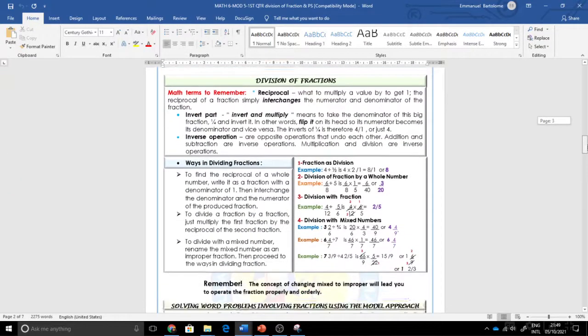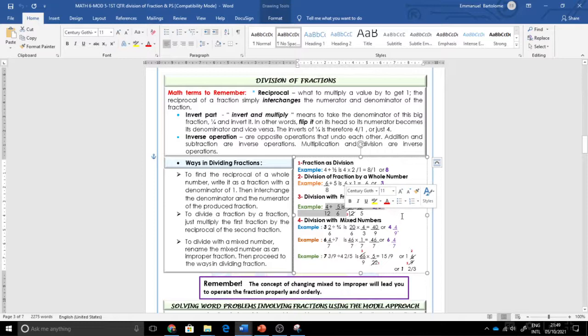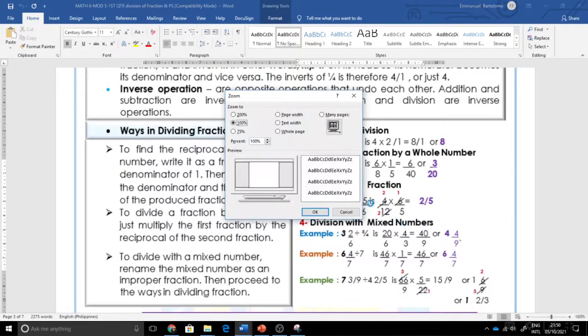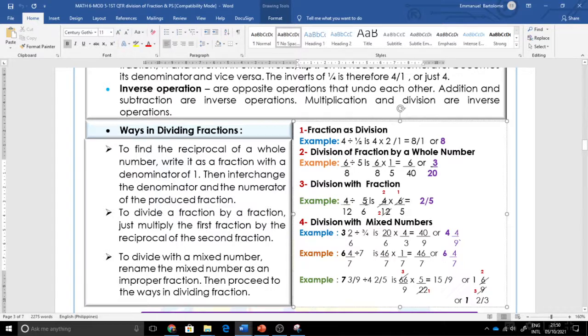So here are some lessons in dividing fraction. So if this is 4 over 12 divided by 5 over 6, the 4 over 12 will stay 4 over 12, divide will become multiply, and 5 over 6 will become 6 over 5. Cancelling 6 and 12, so that becomes 2. So that is the division.